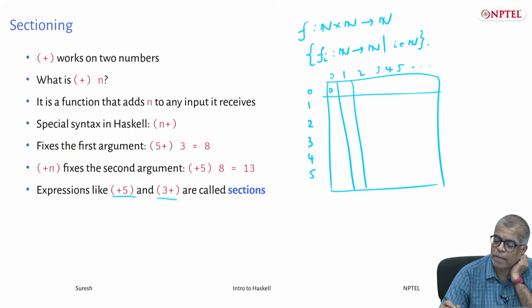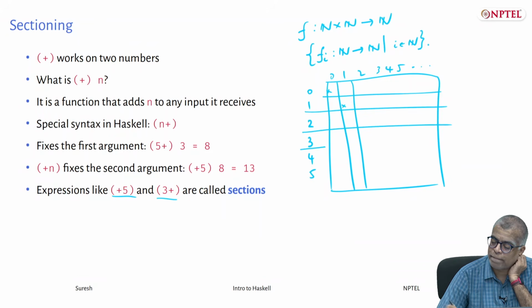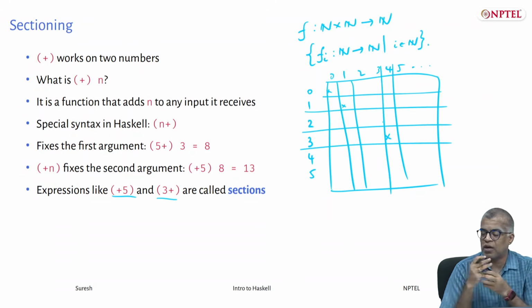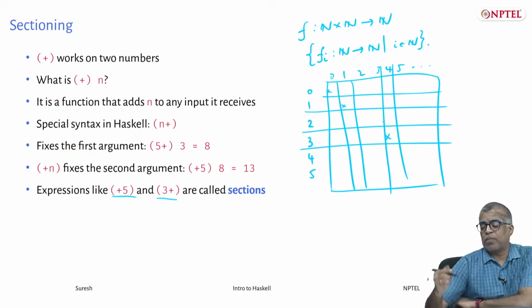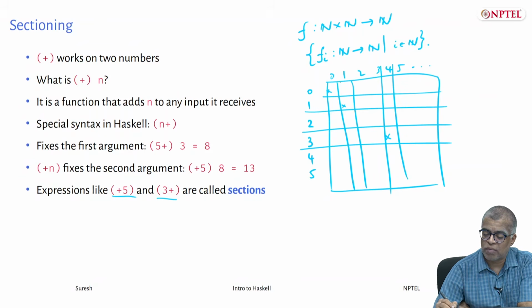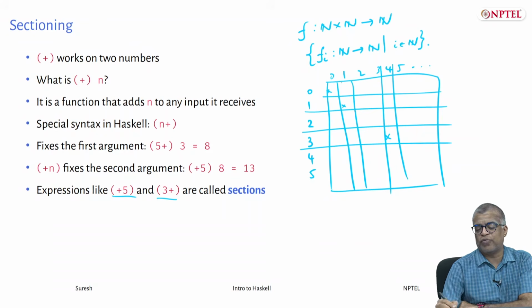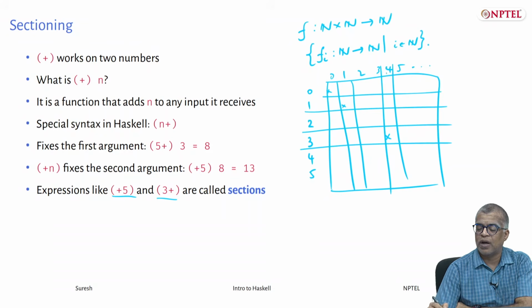This is the value for 0 0, this is the value for 1 1. Somewhere here would be the value for 4 3 4, etc. Now sectioning: you can take each column separately and that's a function, because if you just take this column, that's a function where you fix the second argument and for each value of the first argument it returns a value.